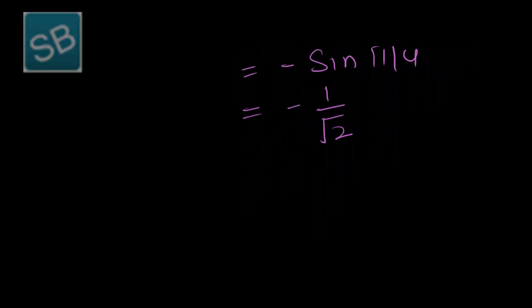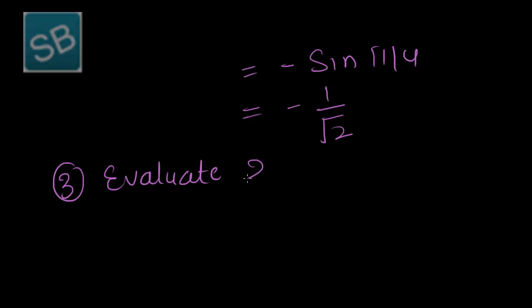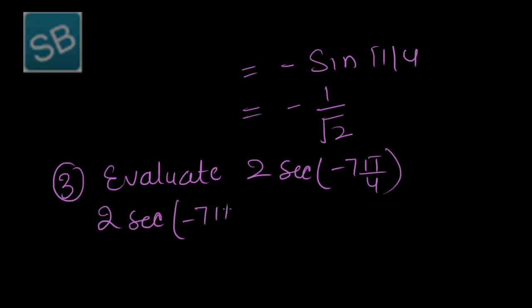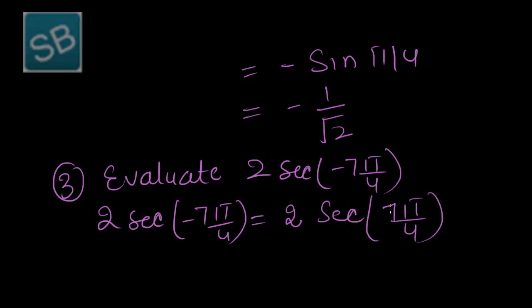Now the next problem is: evaluate 2 secant of minus 7 pi by 4. 2 secant of minus 7 pi by 4 is equal to 2 times secant of 7 pi by 4, because secant of minus theta is secant theta.